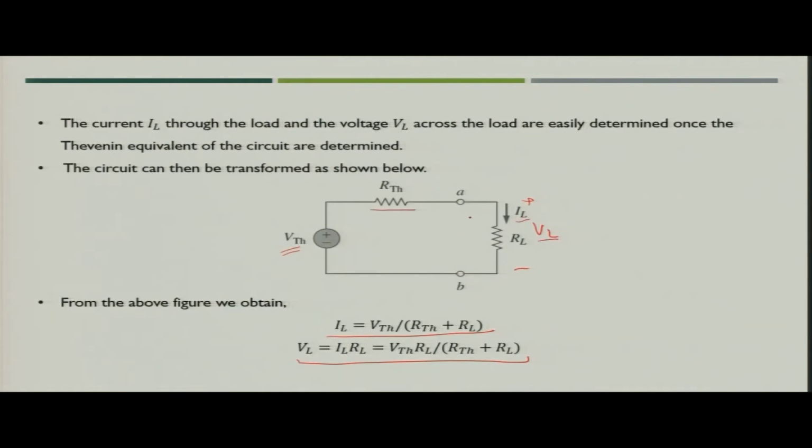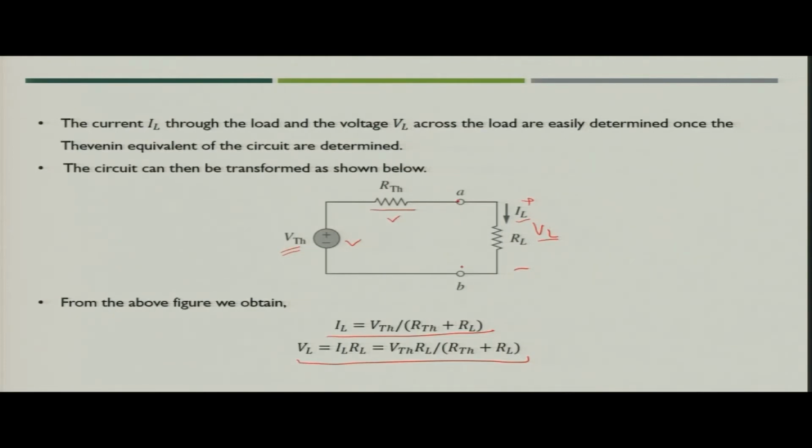If you have multiple loads for which you want to find the current and voltages, you need not change anything in this circuit, that is RTH and VTH.